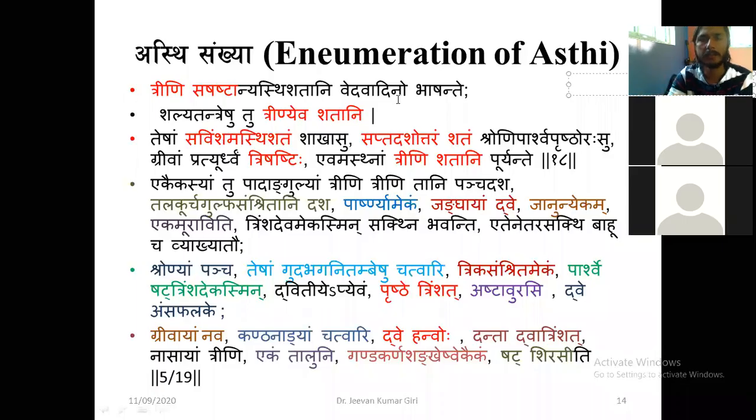Now how have they classified? Out of these 300 bones, see how Acharya Sushruta has classified.